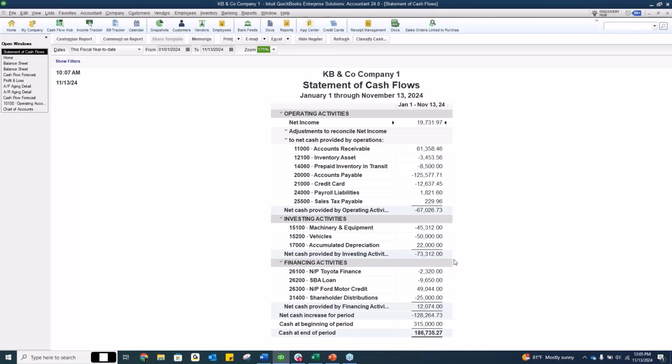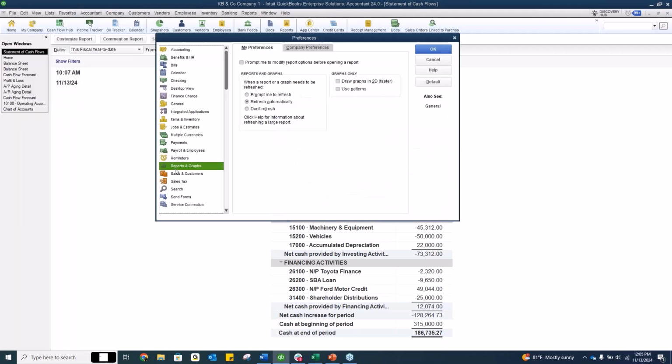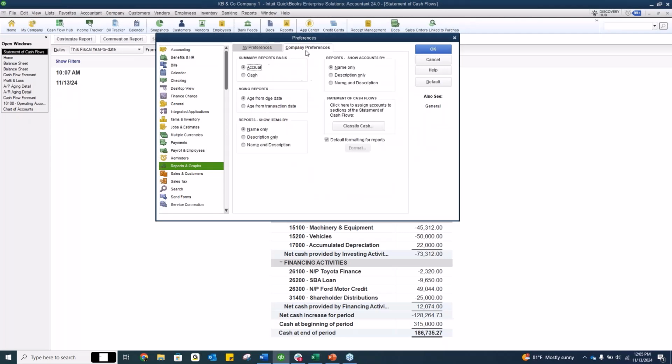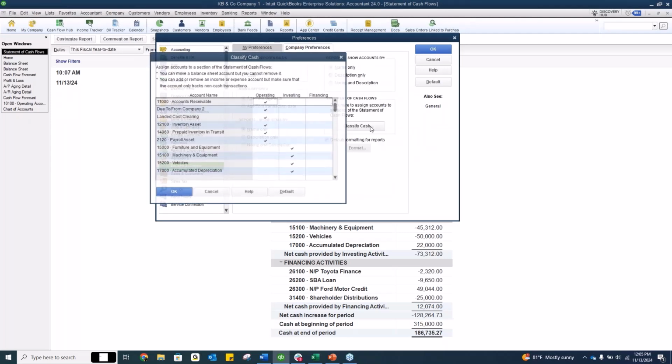QuickBooks uses a standard format to generate the cash flow statement, but if you need to make an adjustment on how this report looks in your books, you can make modifications by going to Edit, Preferences, Reports and Graphs, and then the Company Preferences, and then Classify Cash.